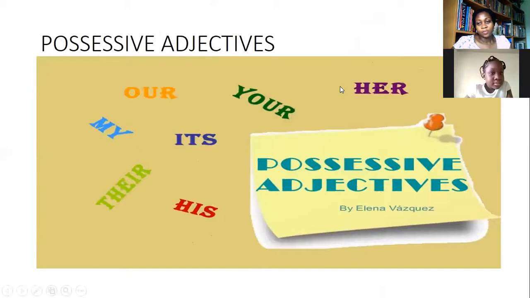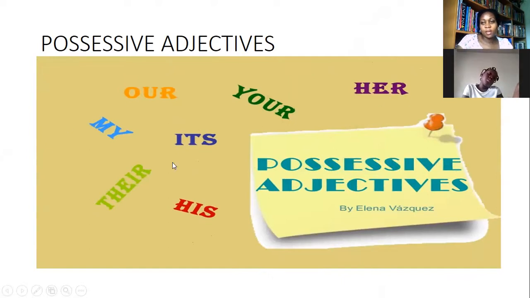Very good. So possessive adjectives. Like you said, these are all possessive adjectives: my, your, her, its, their, his. So my book, like you said, your book, our book, her book.